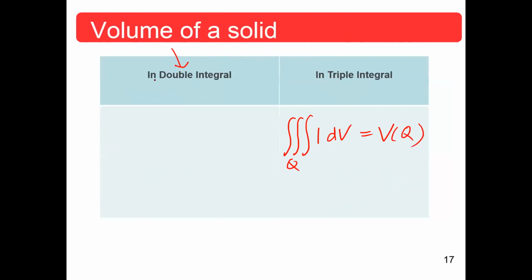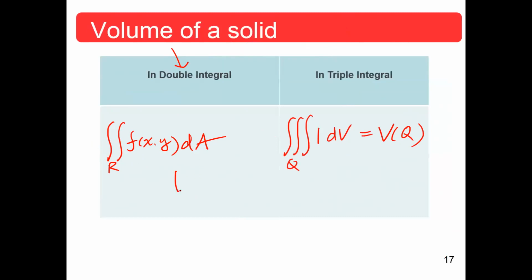How do we compute the volume in double integral? We do the double integral of function f of x y dA over region R, right? So there are two ways for you to do it. You can either go double integral or you can go triple integral.